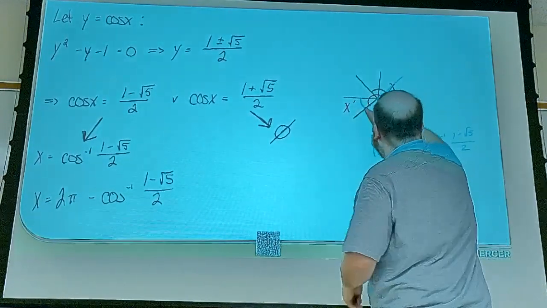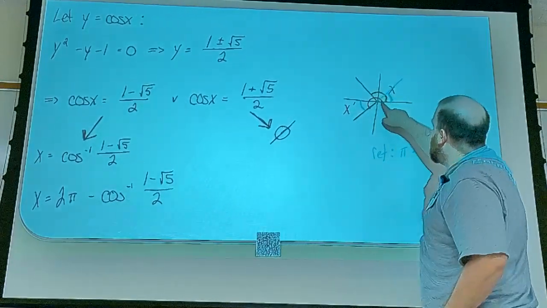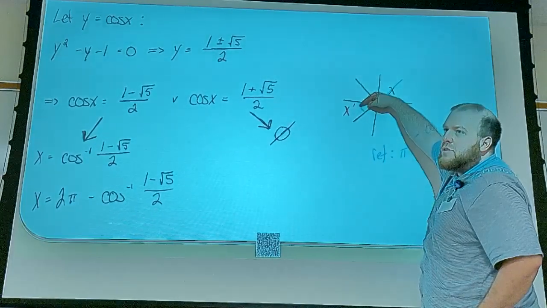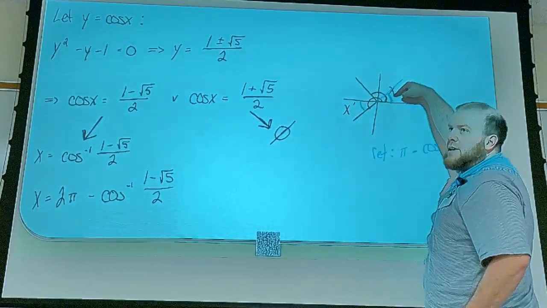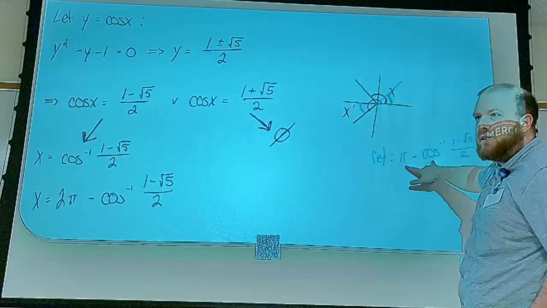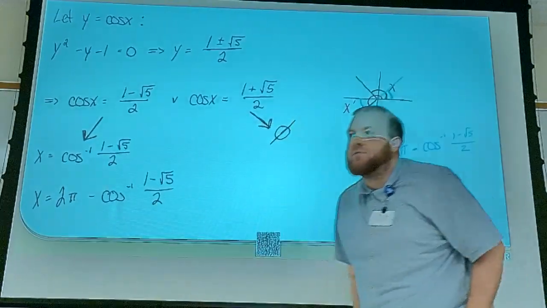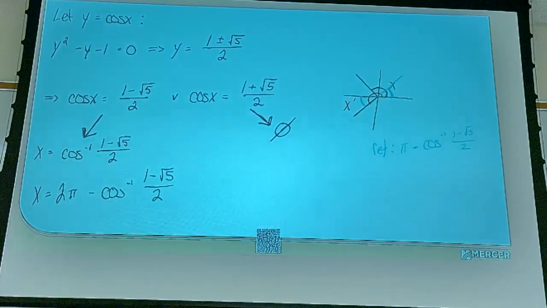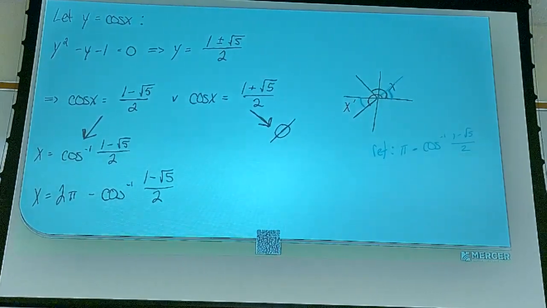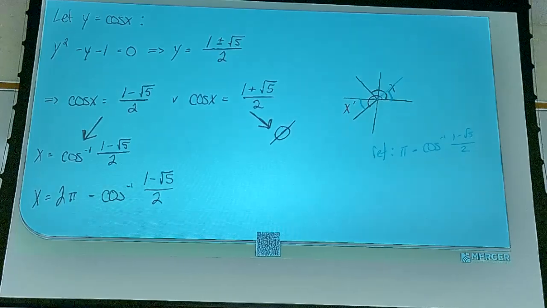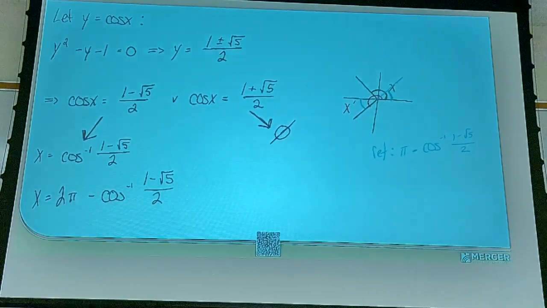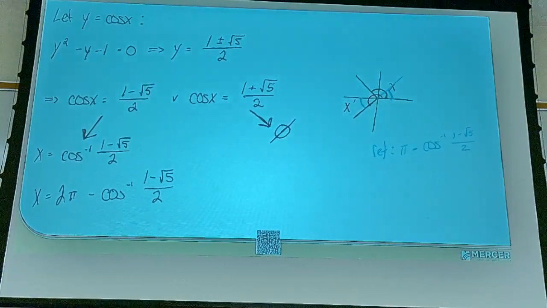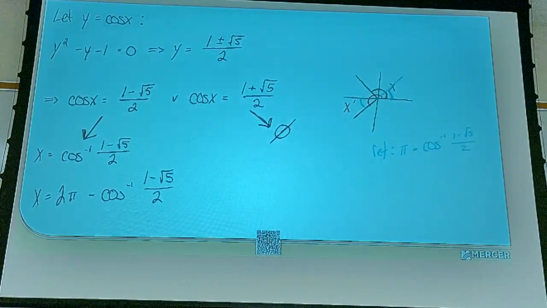But then this angle would be pi plus this blue, which is the 2 pi minus the inverse cosine. Actually, I like using reference angles better. And we did nothing fancy other than just use an identity. So those are both solutions.